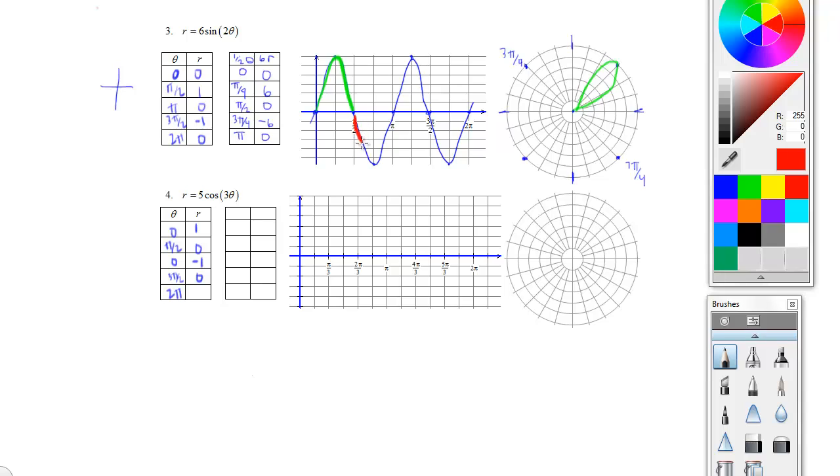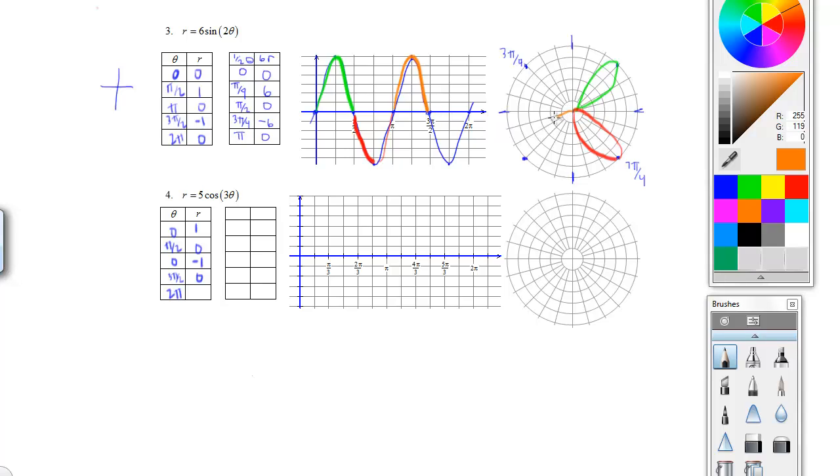So this portion here actually comes in here. And then this part, going back in this region here, it's still negative. So I'm going to be here, headed back to 0 again. And then here, between pi and 3 pi over 2, I've got a positive petal.